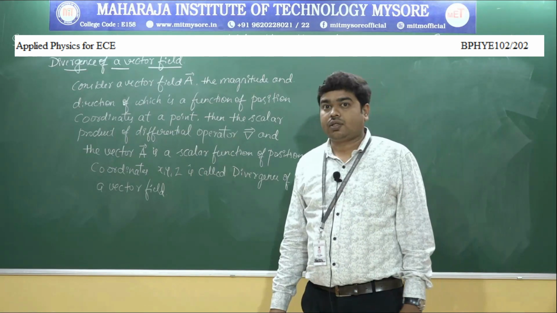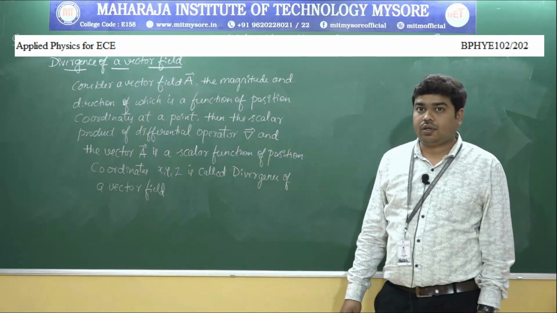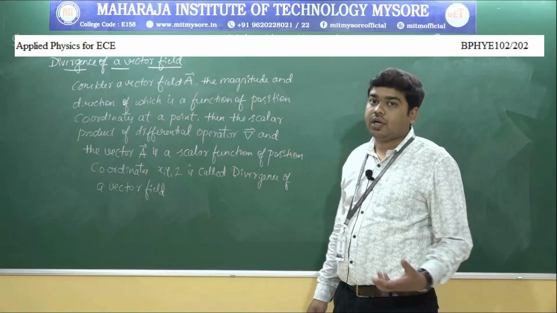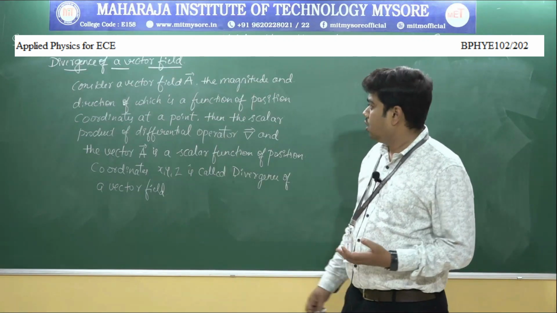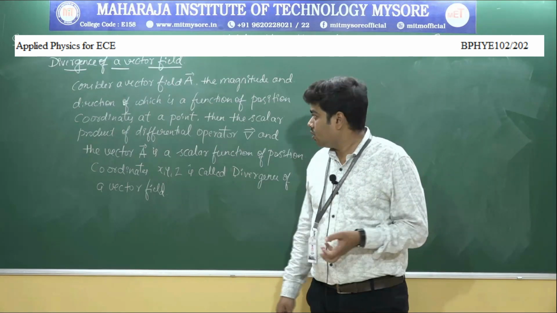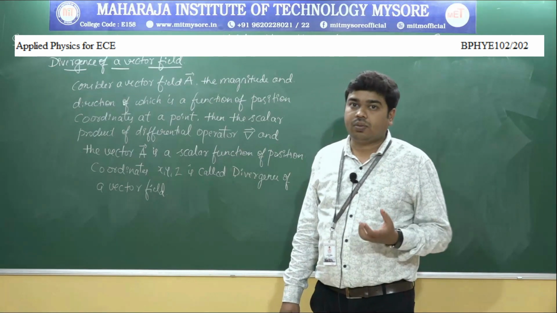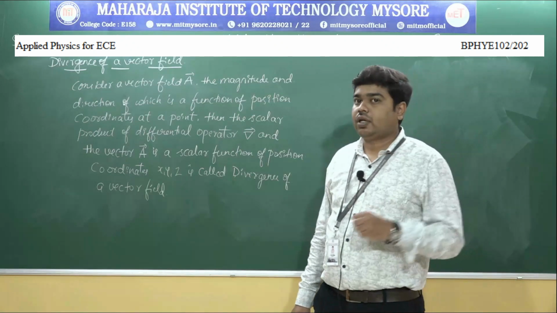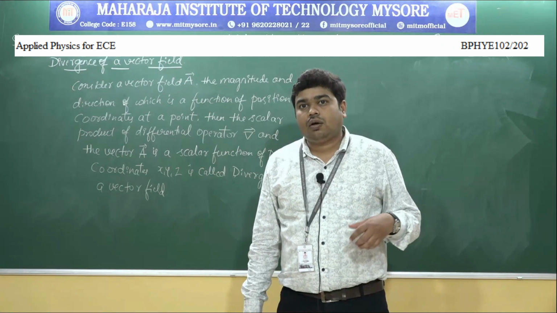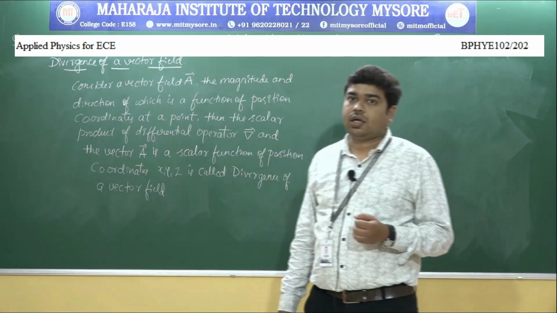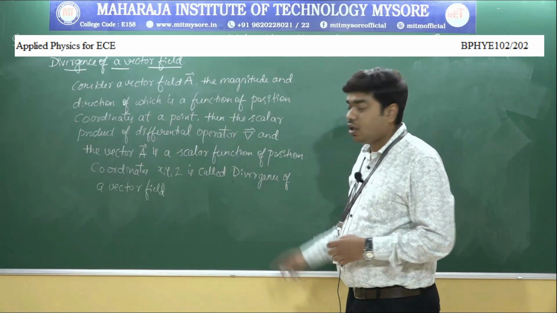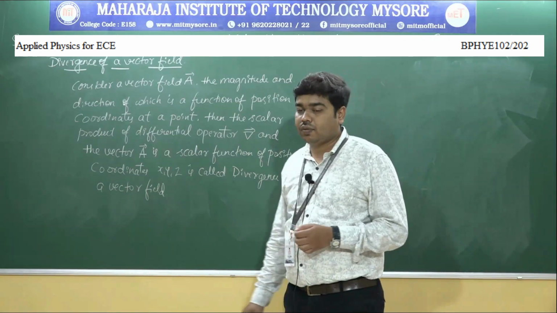So, as I said, if you consider a vector A inside the vector field, which is a function of the position coordinates, both the magnitude and direction, then if we consider the scalar product of the differential operator del with the vector A, then the resultant will be a scalar function of the position coordinates, which we call the divergence of the vector field. Now, how can we express this in terms of an equation?